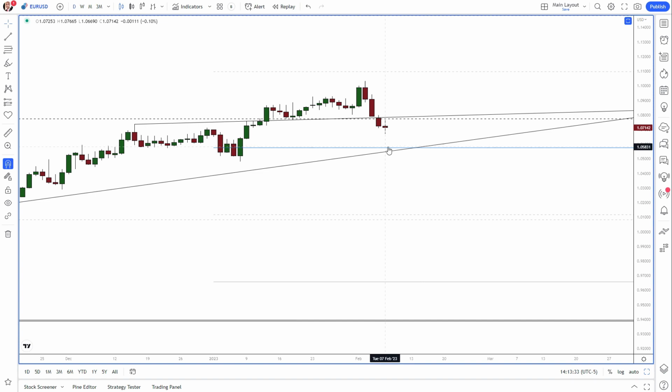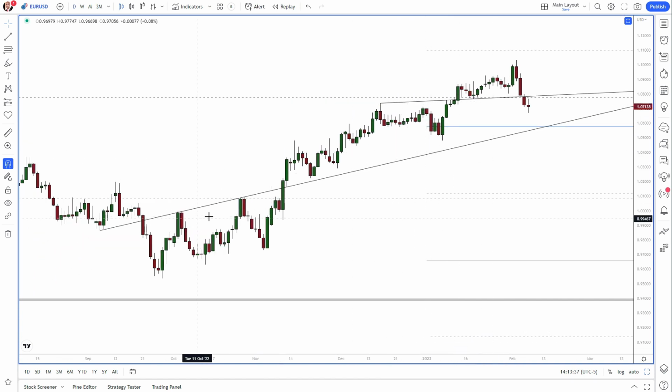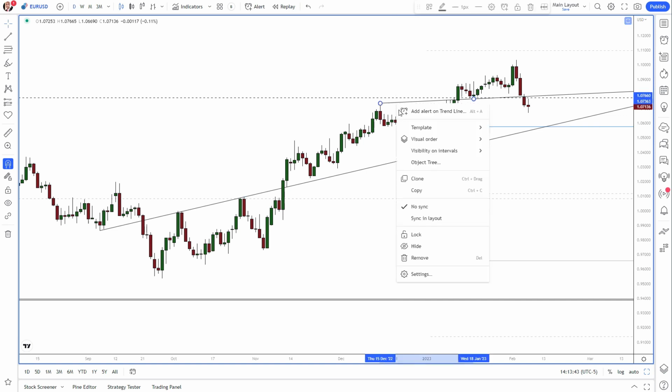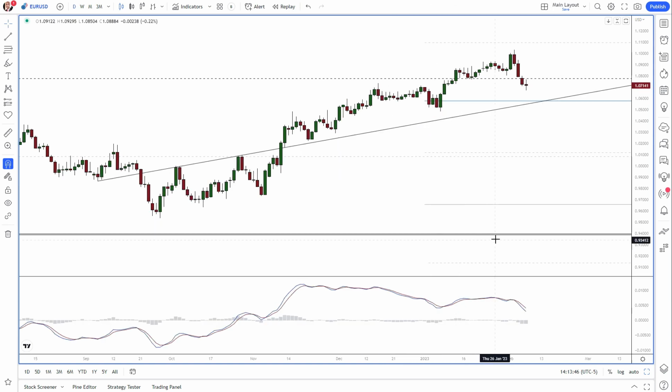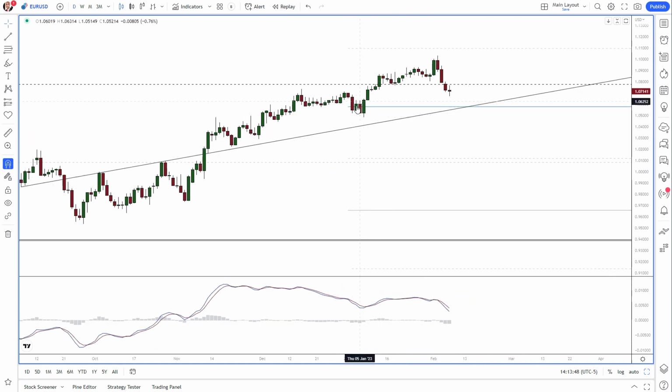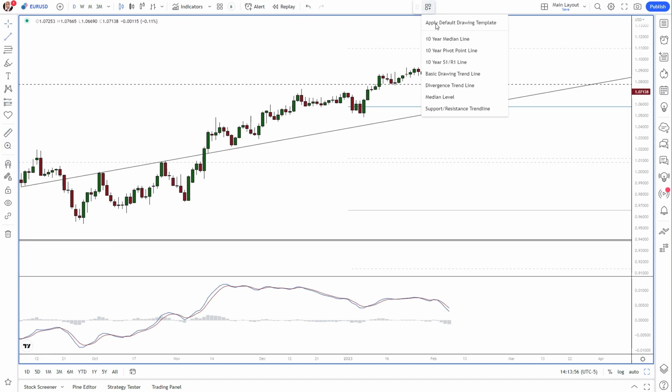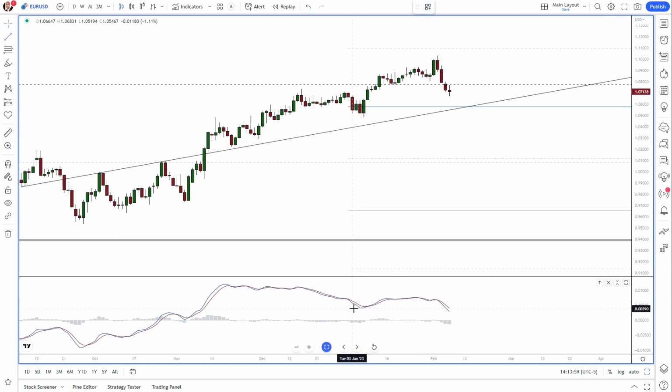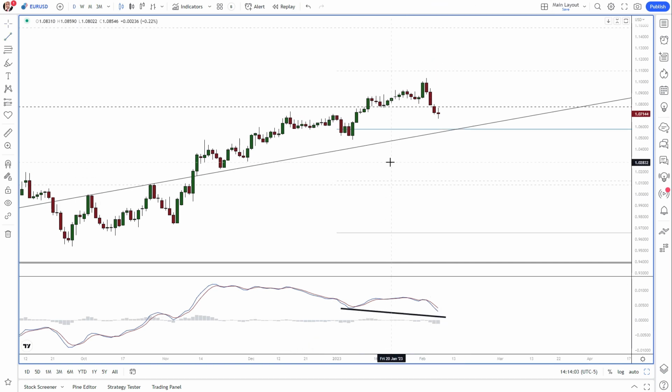Number one, because we have that pivot zone right over here. Number two is because we have this nice trend line going across and having confluence with that area. And number three, if I look at the MACD, obviously this is a low here, and if we get into this area, potentially it's going to be a higher low, which means the MACD is going to end up making a lower low, which would give us what they call a hidden divergence.